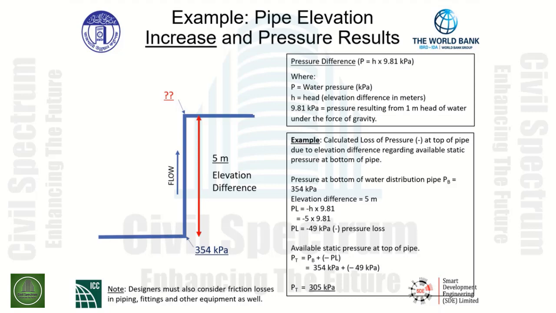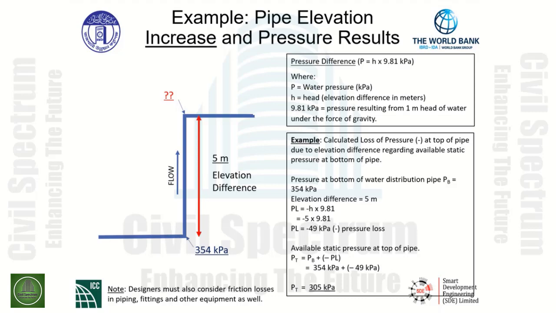Working that through, the product then becomes a pressure loss of negative 49 kPa. We then figure what the available static pressure would be at the top of the pipe.